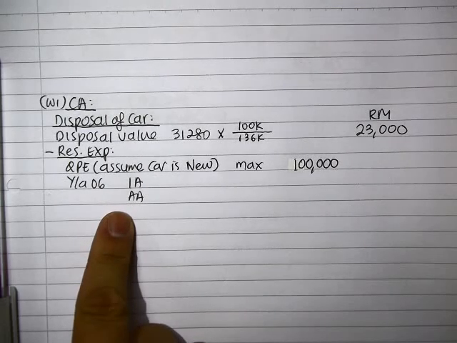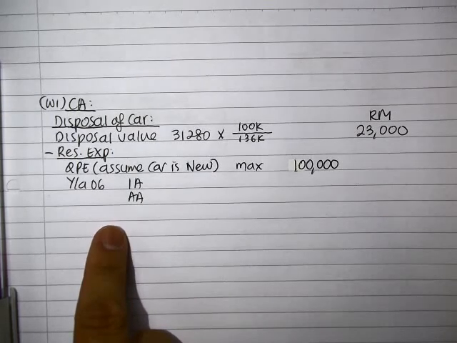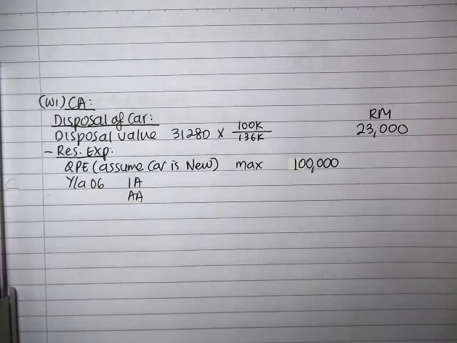So now I ask you, can you claim AA without claiming IA? Can or not? Can. How can? You show me a situation that in the first year you can claim AA but there's no IA. You show me. Gone. First year. In the first year, got AA, no IA. Gone. Where gone?